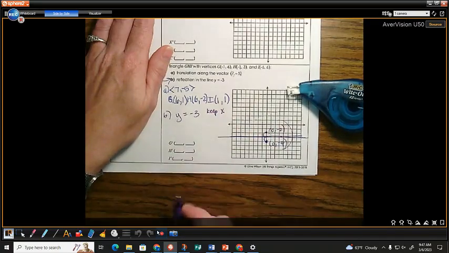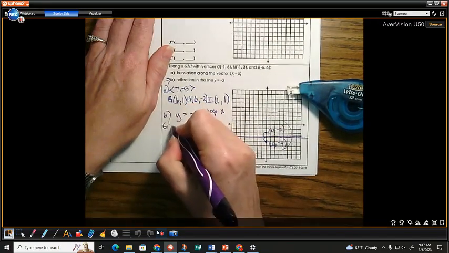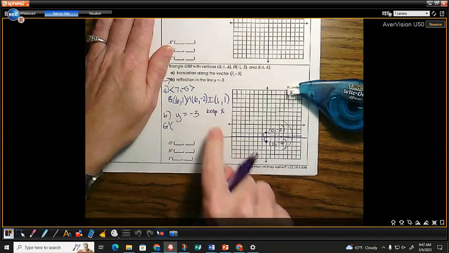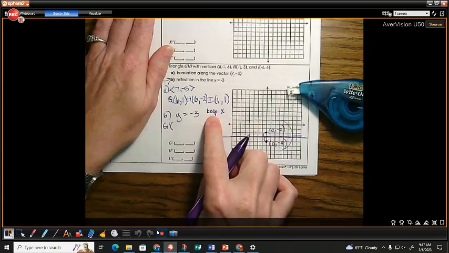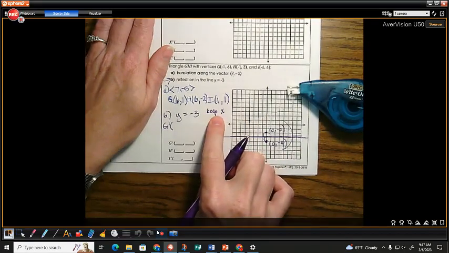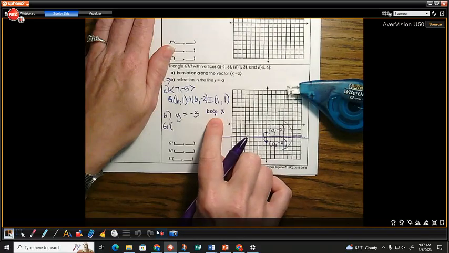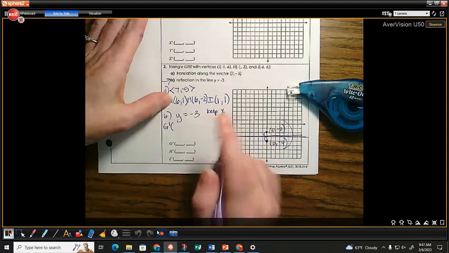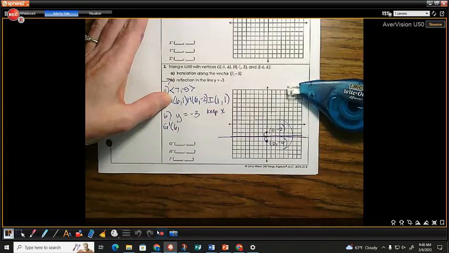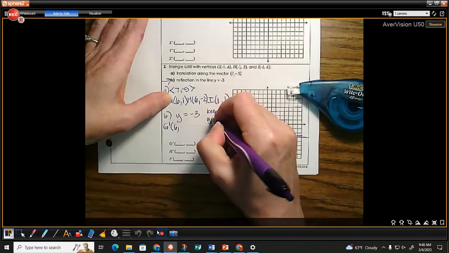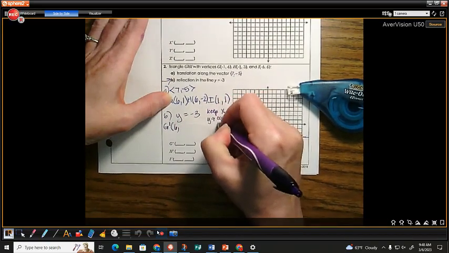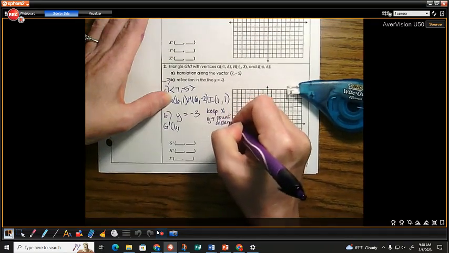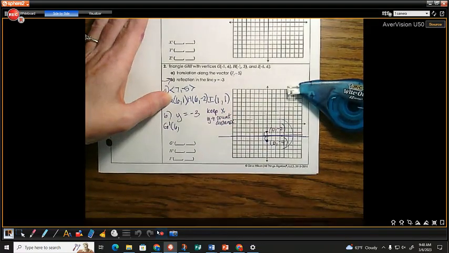You do that for all of your points. So G prime, what's going to happen with our x? Stay the same, keep x. Okay? And then for y, we're going to count your distance to your line of reflection.